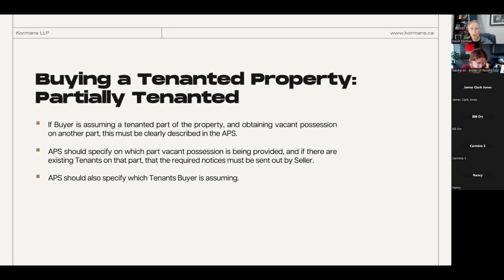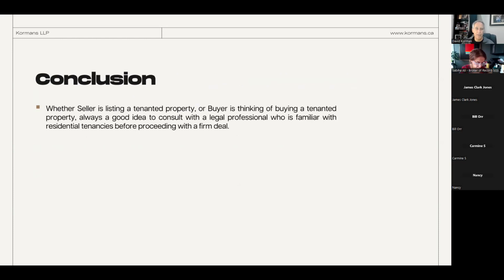Just because we're getting part of it vacant and the buyer might be moving into that part of it, there's still a tenancy. We still want all those other things, and make it clear what exactly the buyer is going to be assuming, what tenancies are going along with that, if you're in that scenario.